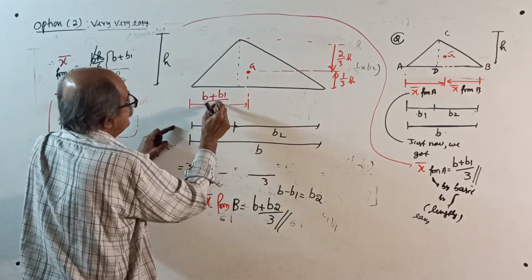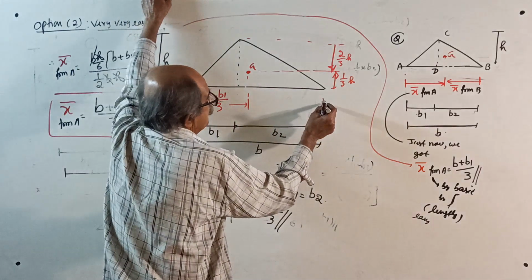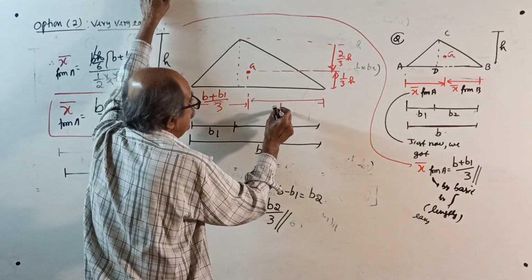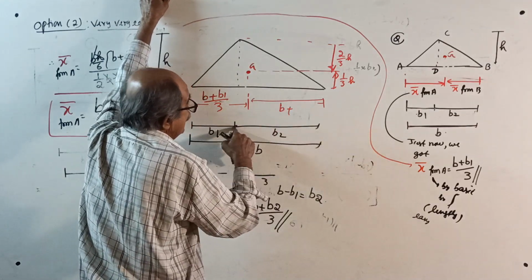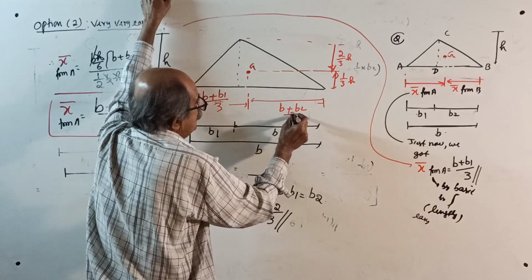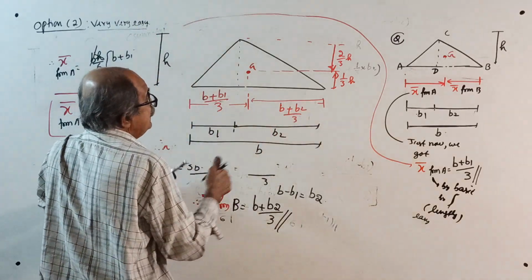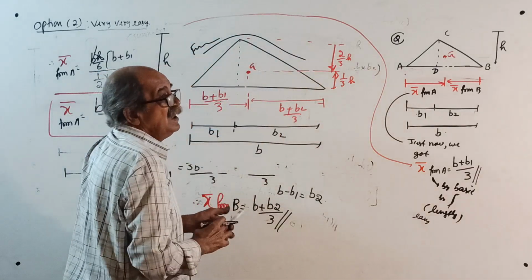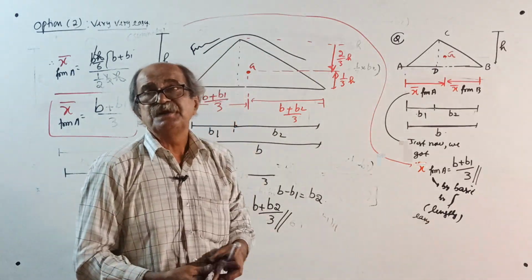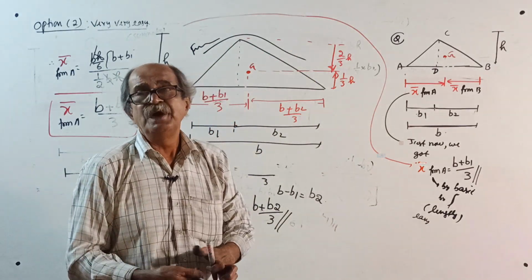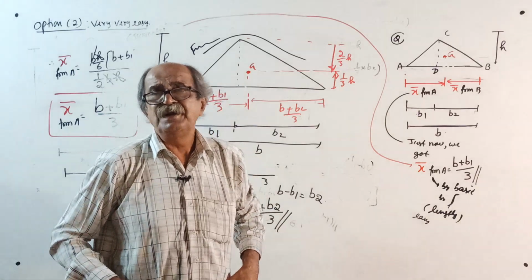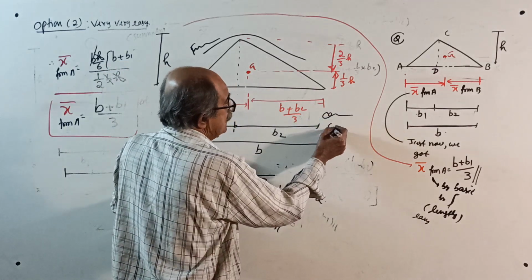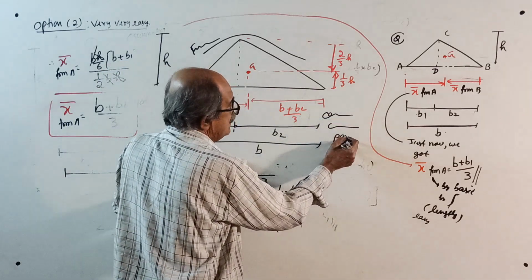Whereas if you want it from here, it is the full base b plus this cut length b2 divided by 3, sufficient. Furthermore, a thorough explanation and application for structural engineering when uniformly varying load is there, all that I will tell tomorrow. That is the concluding part of centroid for triangle part 3.